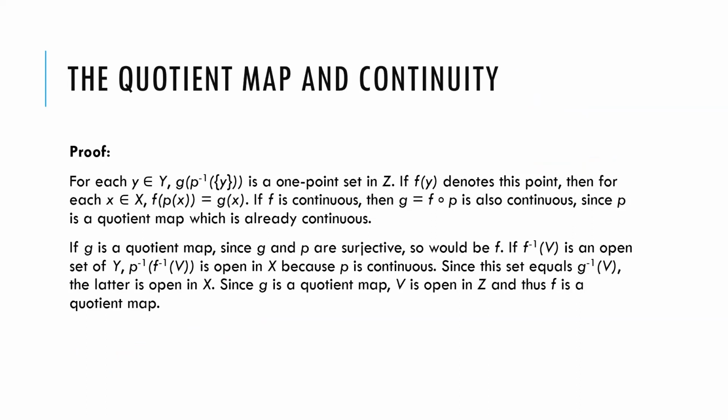The F, G, and P. And then you can see that G is actually the composition of P and F. Sometimes we also write this kind of graph in this way, which means if you go in this direction or in the other direction, these two will be the same, okay?